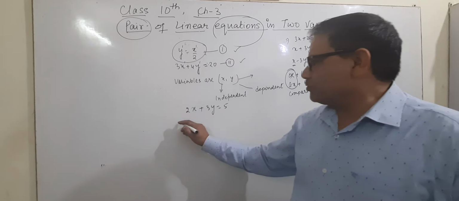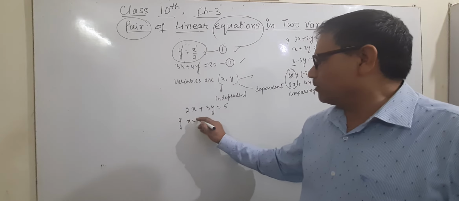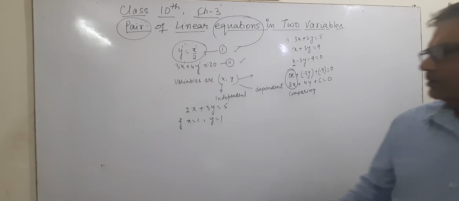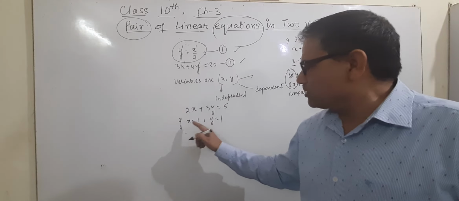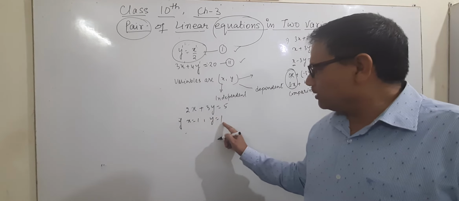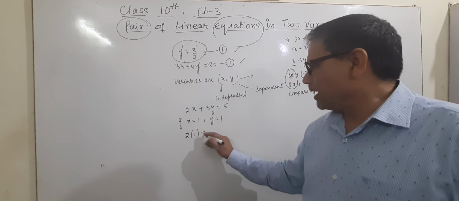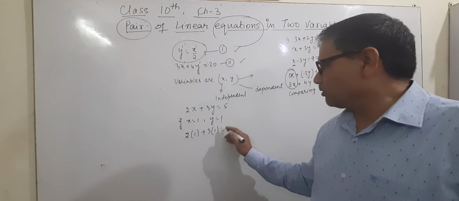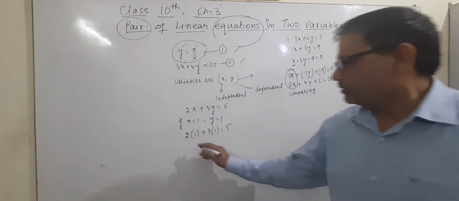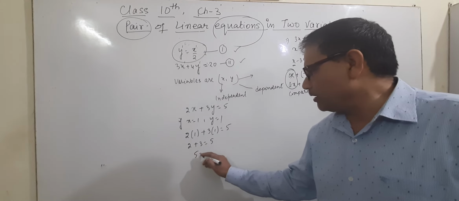Let us assume that x is equal to 1 and y is equal to 1. What do we have to do now? Put 1 in place of x and 1 in place of y, then 2 into 1 plus 3 into 1 is equal to 5. Then 2 plus 3 is equal to 5, 5 equals 5.